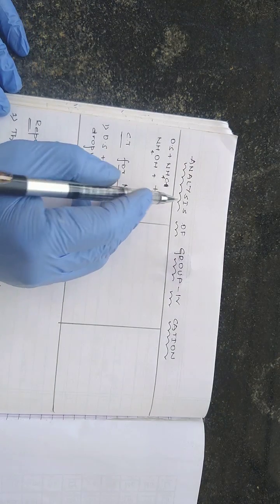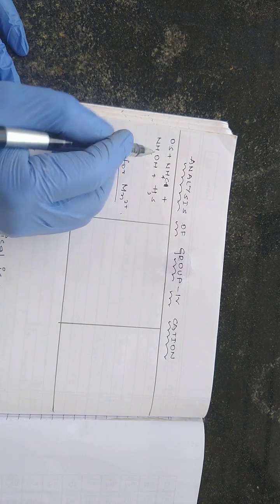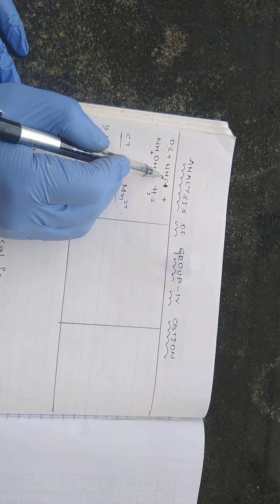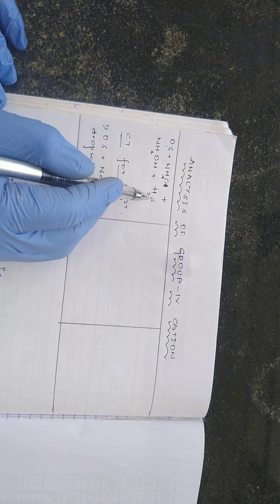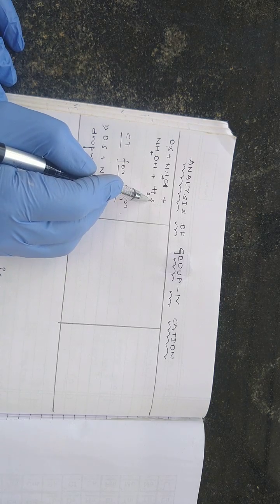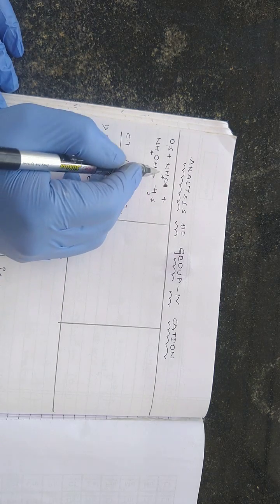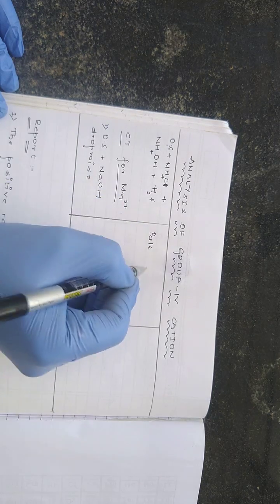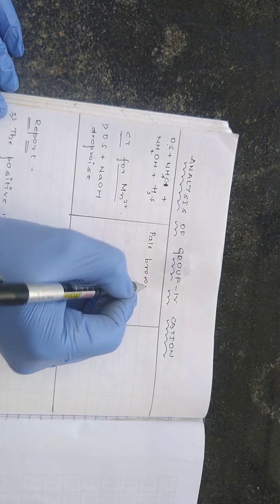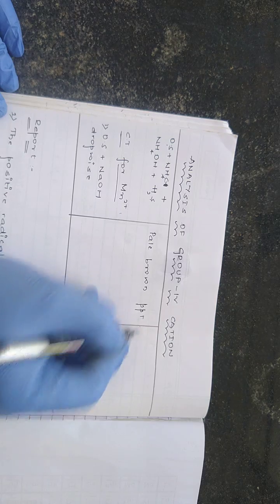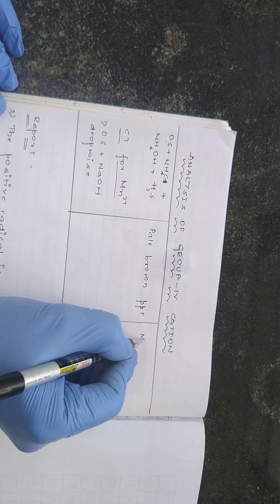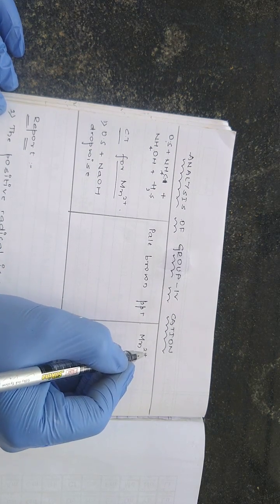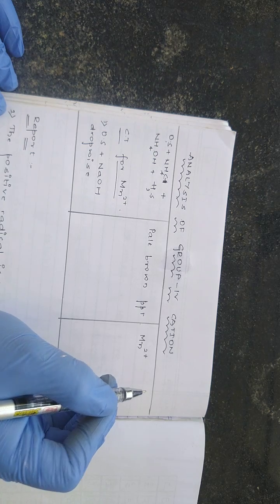You can see here, analysis of group 4 cation, OS plus ammonium chloride plus ammonium hydroxide plus hydrogen sulfide. We have already performed the test and we have got a pale brown precipitate. So the inference is in group 4 we are having two cations, Zn2+ and Mn2+.